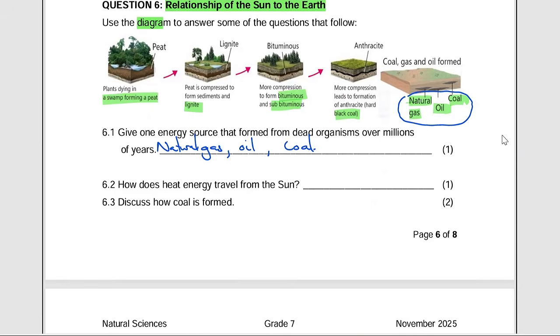Just one is going to be correct. Then, how does the heat travel from the sun? It travels through radiation. Heat energy travels from the sun to the earth through radiation.